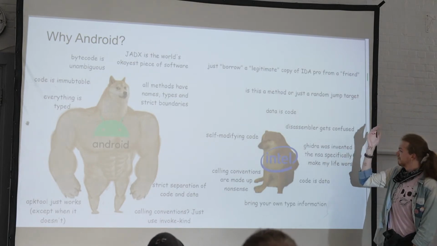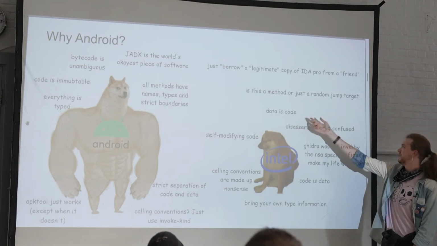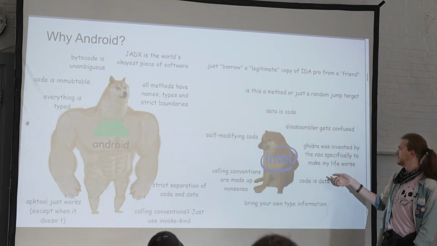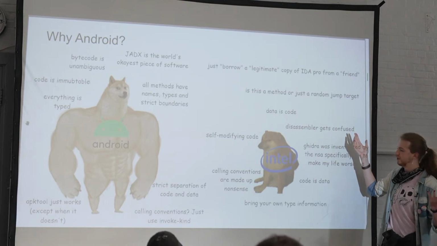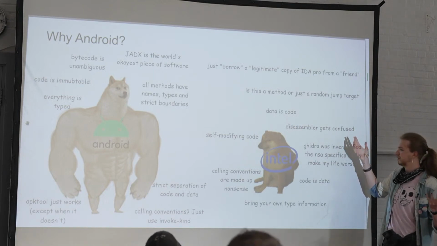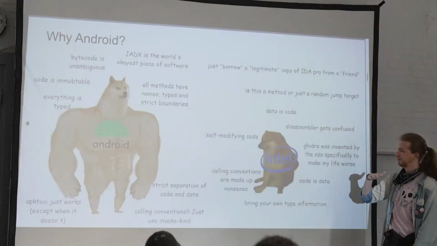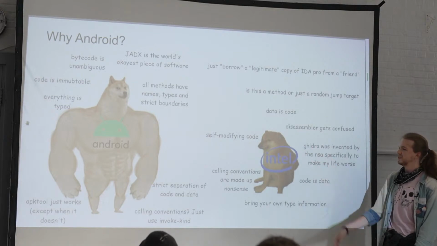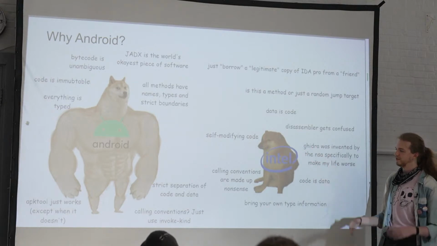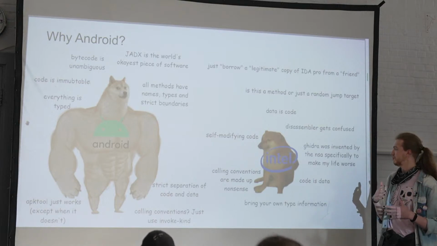So yeah, the problem with binaries is data is code, code is data. This confuses your disassembler. It can try to interpret data as code and it will give you garbage code. It can miscode and then it just shows you here's bits. That's very annoying. Code can be self-modifying, which also prevents you from just statically reading what code is doing.